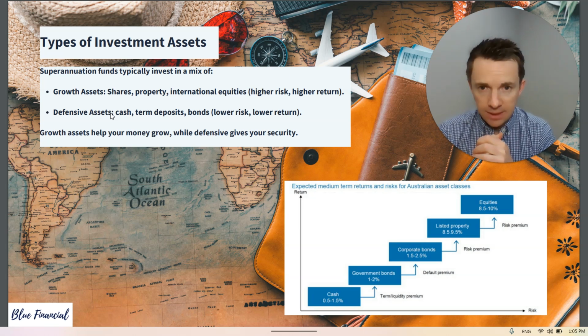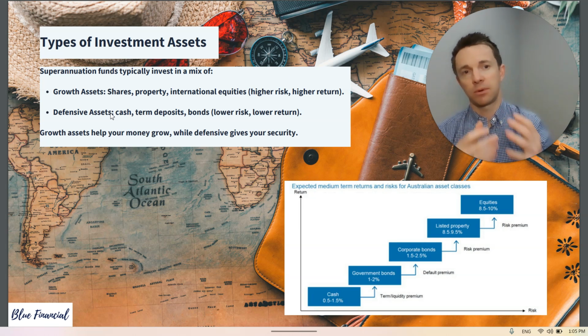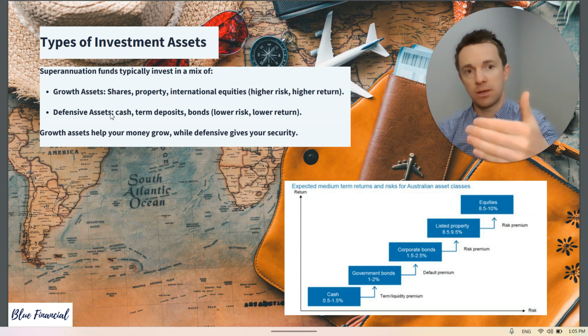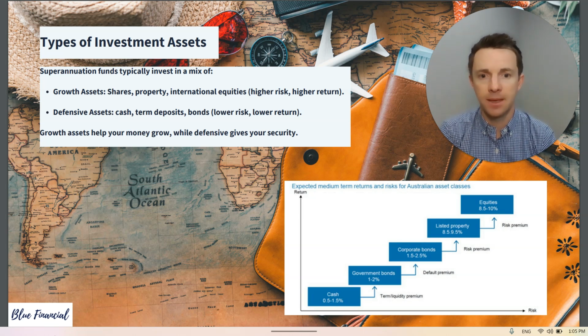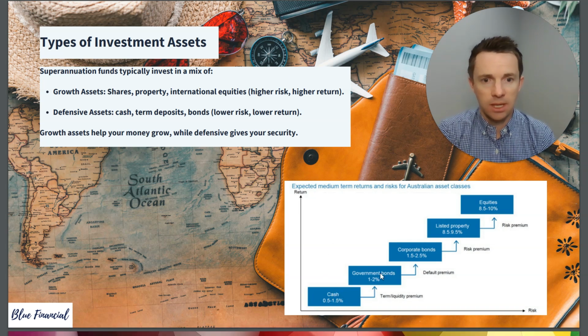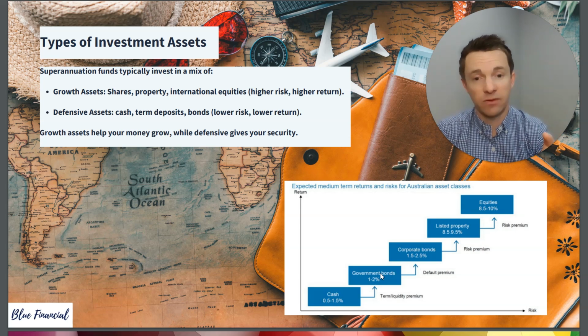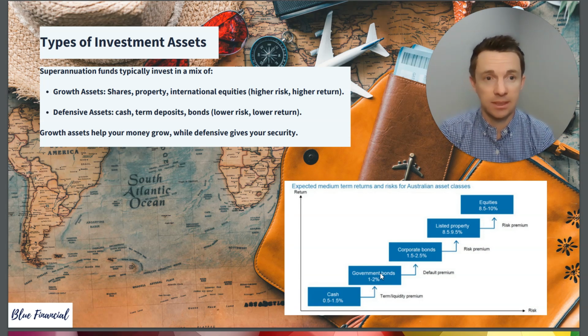While defensive assets give you the security, the money we're going to draw on first to pay your living costs, your income to live off. So a bit of a graph down here: you've got cash, and we can expect a return of 0.5% to 1.5% based on this graph. Then you've got government bonds and corporate bonds.